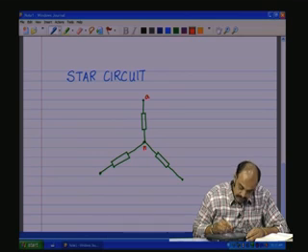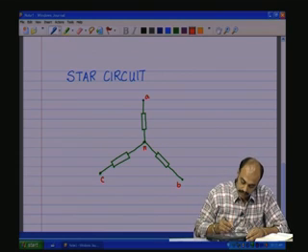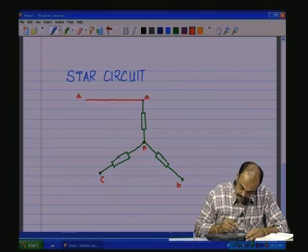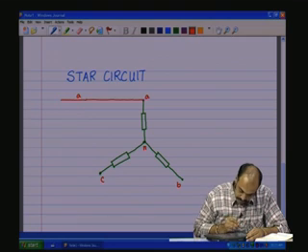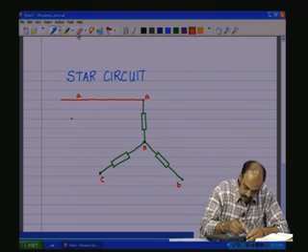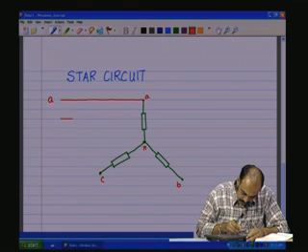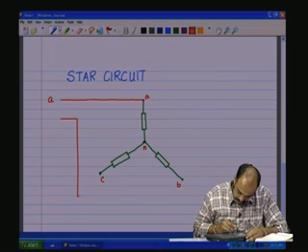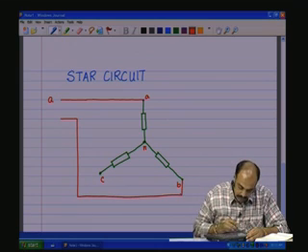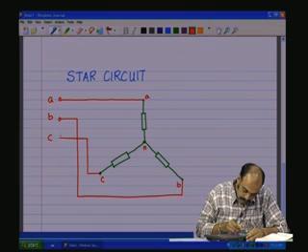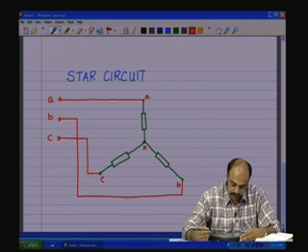So, let us call this terminal A, this the neutral point N, this terminal B, this terminal C. And to these terminals you are applying the voltages A, B gets connected to B, and C gets connected to C. So, A, B, C, these are the 3 terminals of the 3-phase load which are brought out.